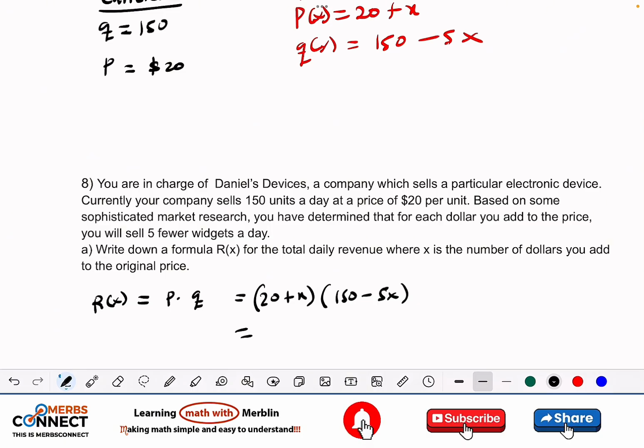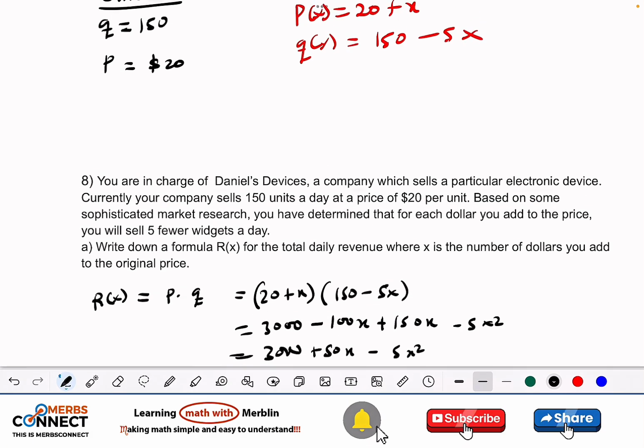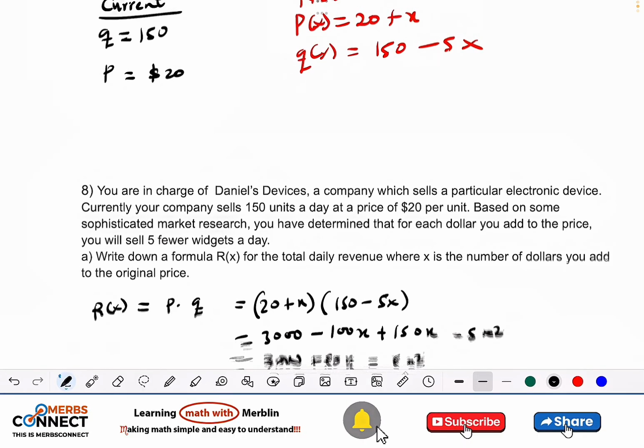Multiplying 20 times 150 is 3000, then minus 100X plus 150X minus 5X squared, and this is going to be 3000 plus 50X minus 5X squared. This is what's going to be our revenue function.